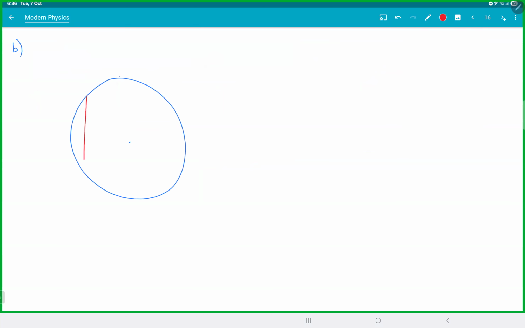So if you take a small ring here, this is angle theta. This is the small d theta. So when this light beam hits and bounces off, this would be your normal. This is theta. That is also theta. So the force will be along the normal.